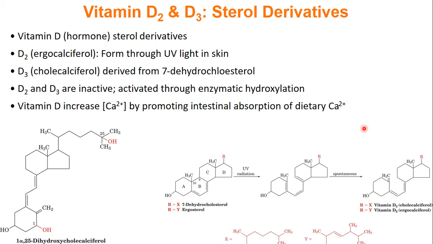And what vitamin D does is that it helps promote how much calcium that you absorb through your diet. So you really want vitamin D, and that's why they have it in milk. That's why they say it strengthens your bones. Vitamin D helps you absorb any calcium that you eat in your food.